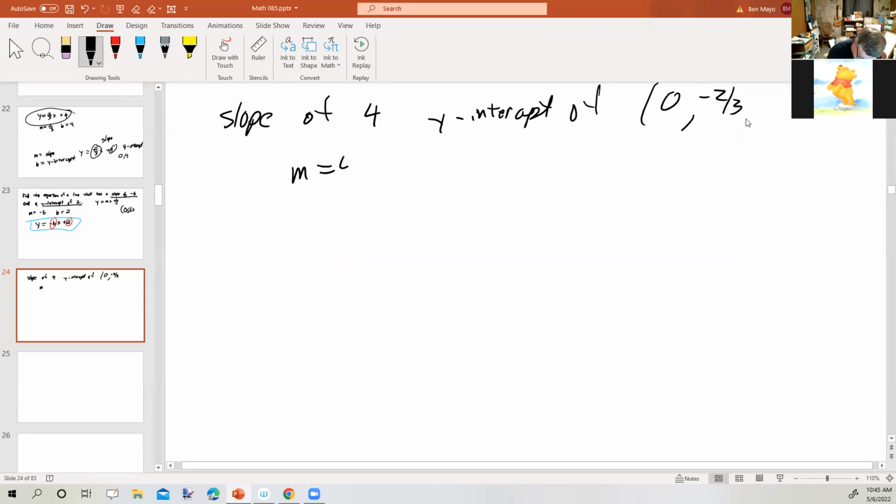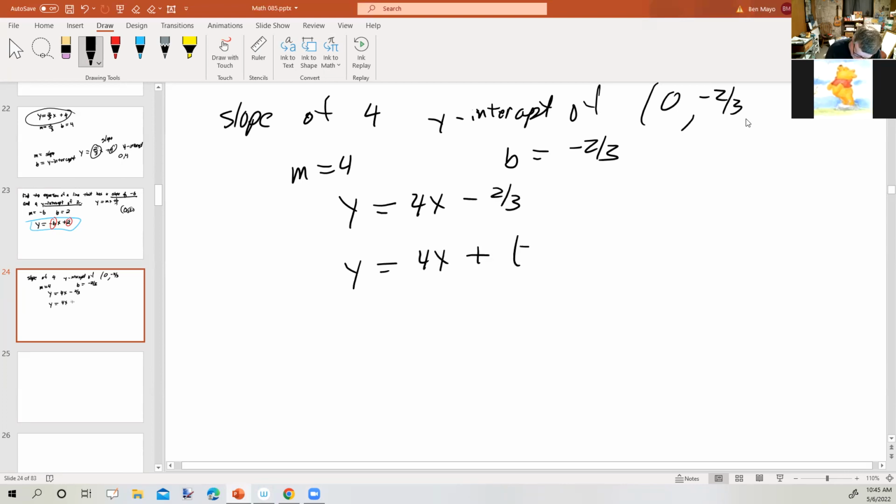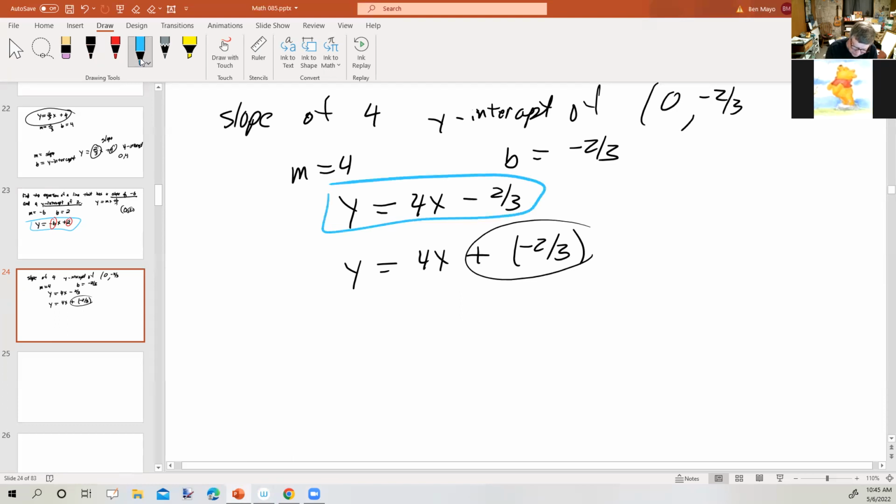So m is 4, b is -2/3, y equals mx plus b. Now, you could write it like that, y equals 4x plus -2/3, but adding a negative is the same thing as just subtracting. So they're both correct, but this is preferred.